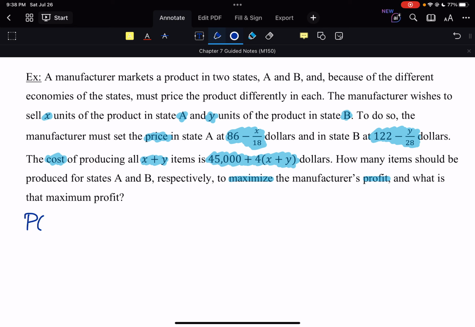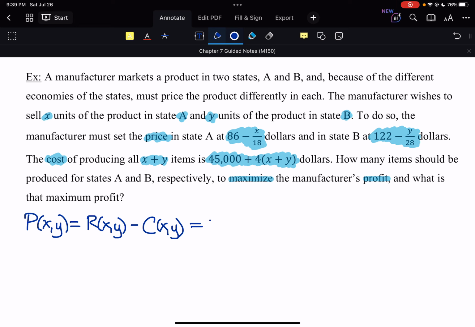So profit is equal to revenue minus cost. Revenue is price times quantity sold.